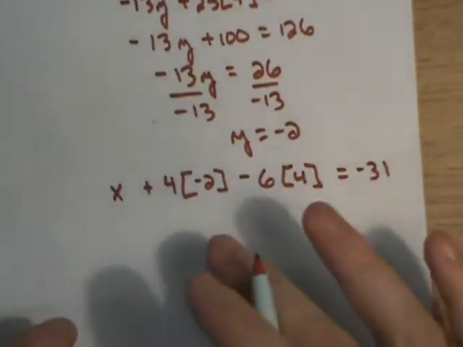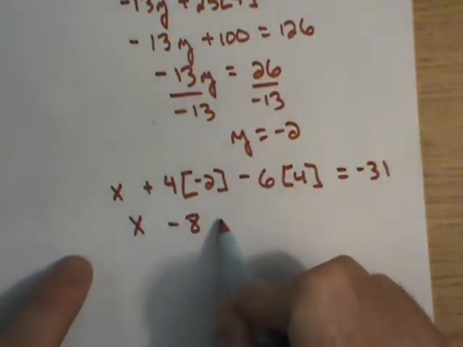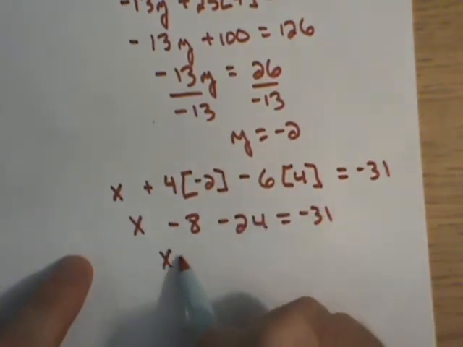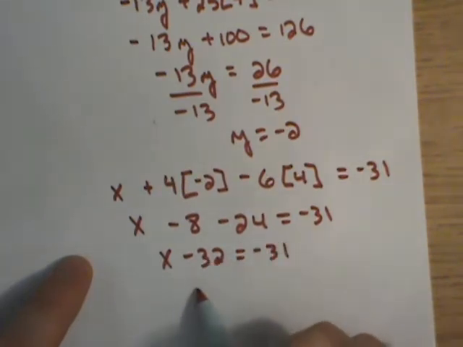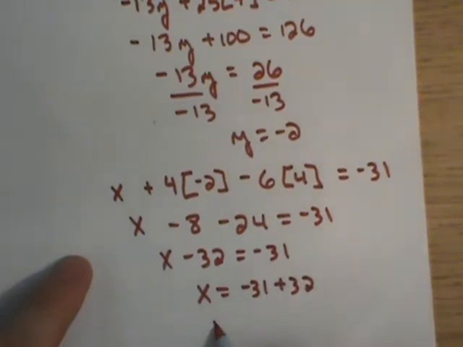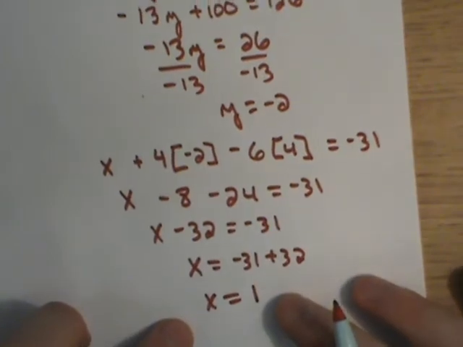And so just by solving this, I can tell you what x would be. I can go x minus 8 minus 24 equals negative 31. X minus 32 equals negative 31. Move the 32 over, so x would equal negative 31 plus 32. X would be 1. That allows me to solve the system of equations by hand.